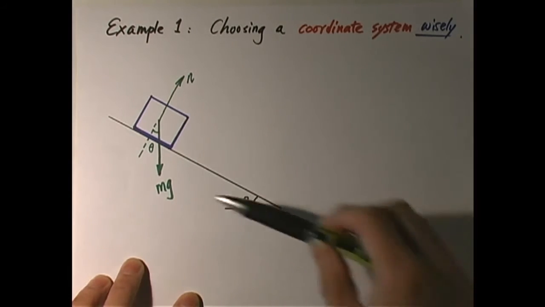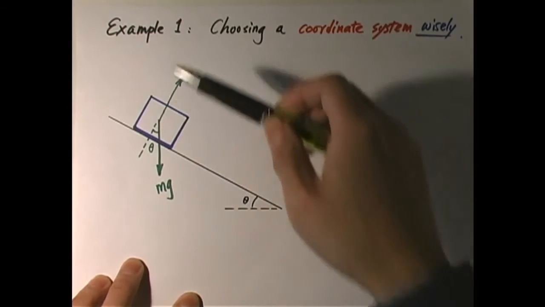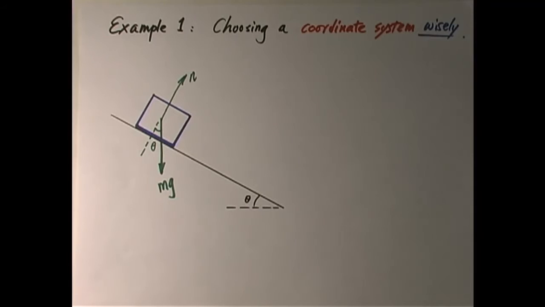So again, two choices: horizontal and vertical, and the second one is along the incline and perpendicular to the incline. Now, let us investigate both of them. First of all, do they lead to the same final answer for the acceleration? Of course they should. And secondly, when we compare these two ways of choosing coordinate system, is there one way that's better than the other?